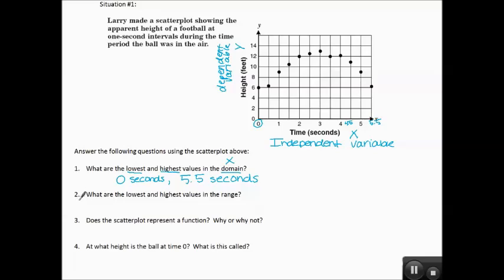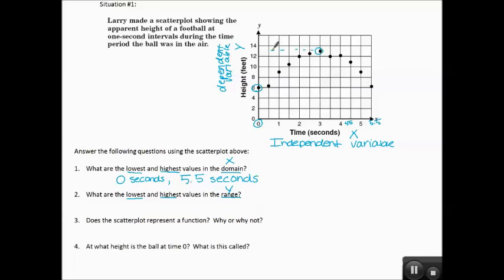Number 2 says, what are the lowest and highest values in the range? Again, my range is my y values. So I'm going to look at my lowest value in the range and my highest value in the range, which looks to be about this point.